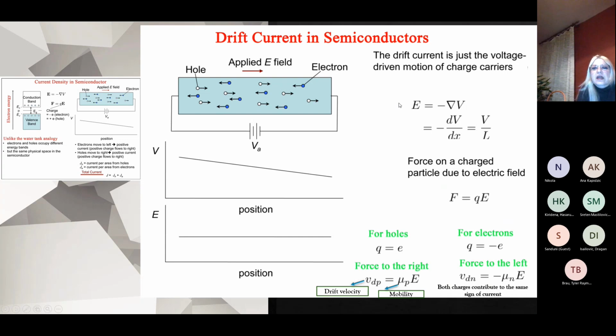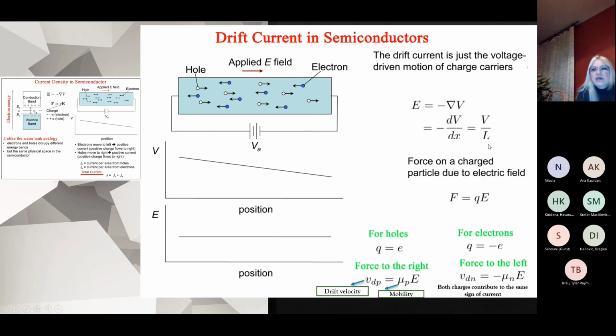The electric field is just the negative gradient of the voltage, the negative derivative of the voltage, and we end up with a drop in voltage divided by the length of this material. Here you can see that the applied electric field is constant and positive.